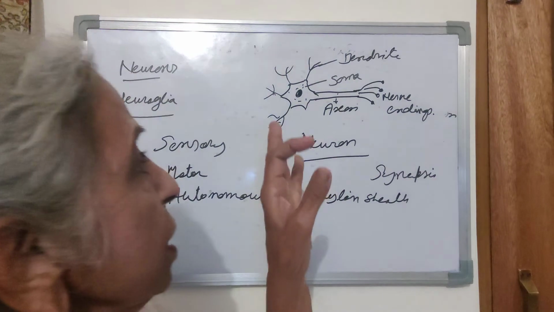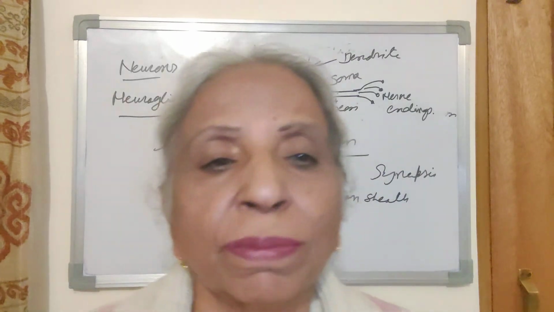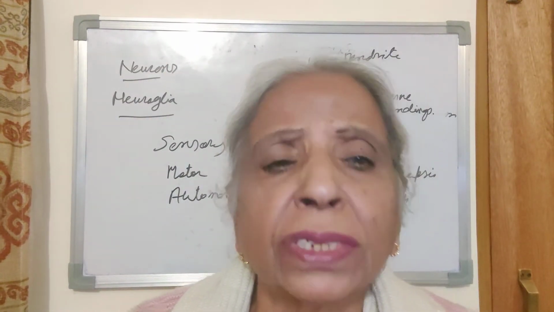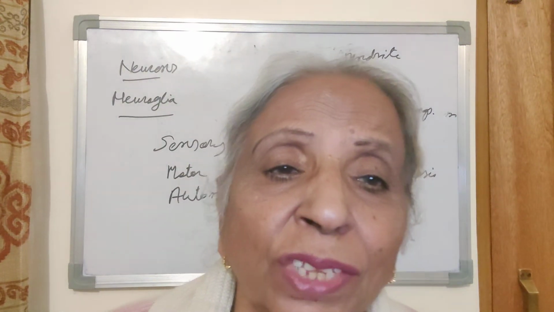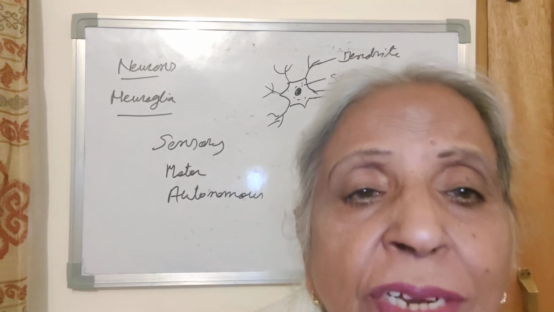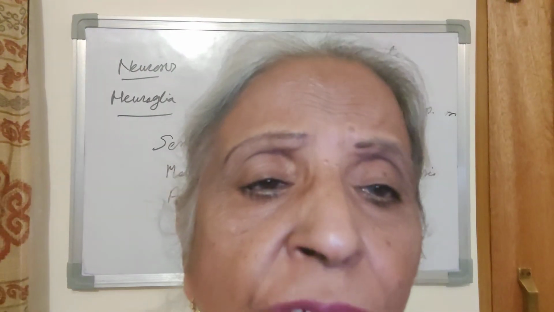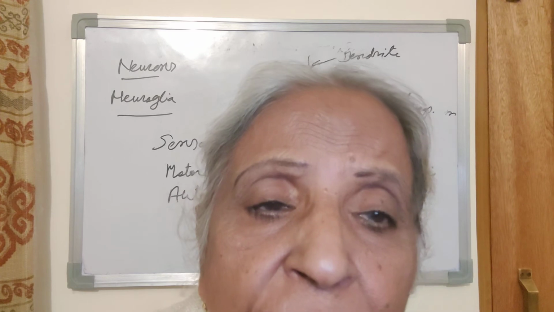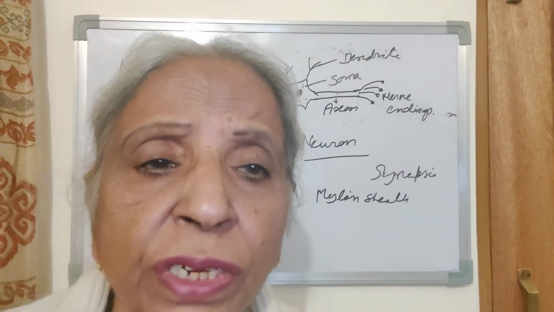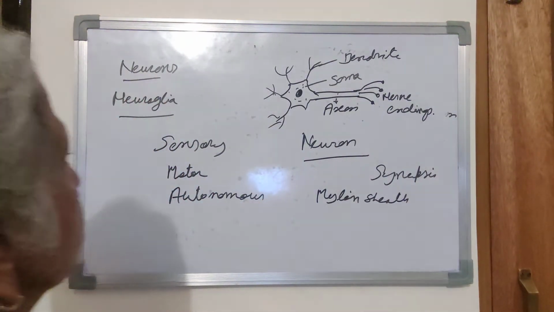So their function is to receive the message and to convey the message. Sensory neurons receive the messages, convey them to the brain and the spinal cord, and the messages are sent to the specific organs where we have to react. And the autonomous nervous system functions by itself, arising from the spinal cord, in functions which occur themselves, reflex action you can say. This is all about the nervous system.